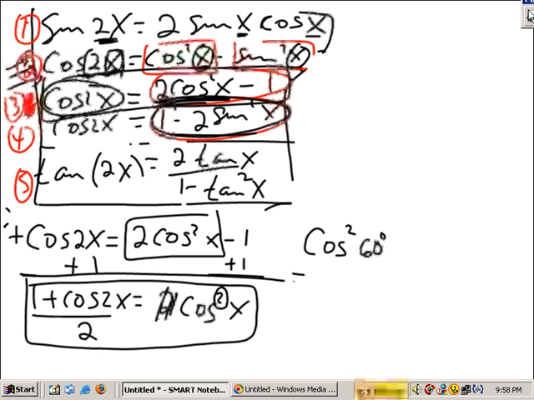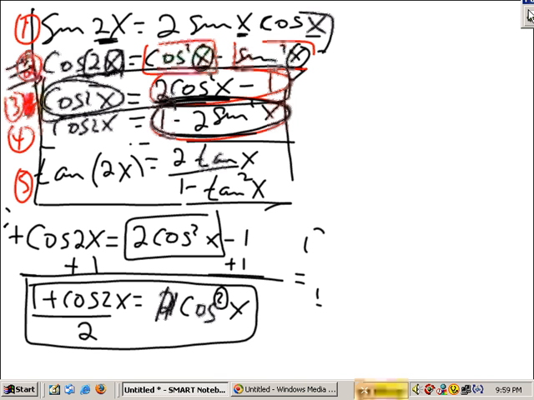Or you can say that cosine squared of any angle is 1 plus cosine of 2 times that angle, better known as 120 degrees, divided by 2. You can compute 1 plus cosine of 120 degrees divided by 2. So that's the formula that comes up.